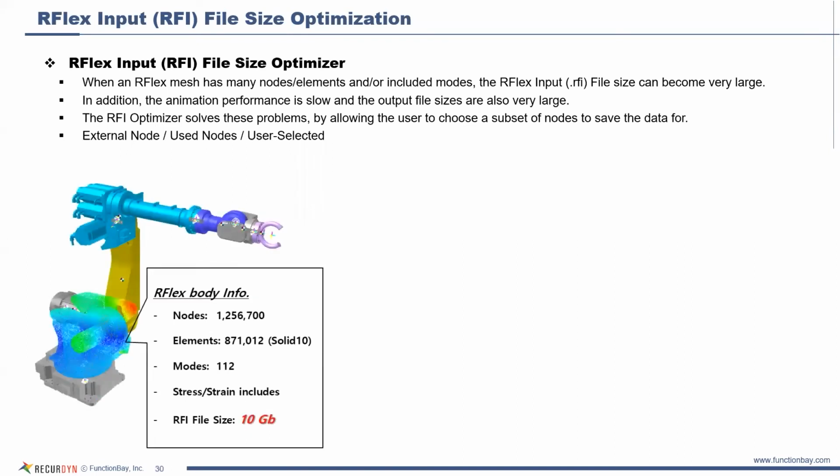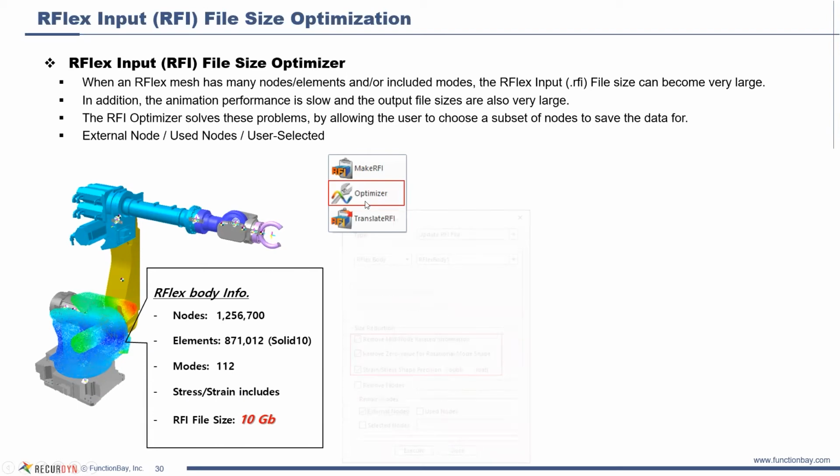As an example, we've got a fairly complex RFlex body here that has over 1 million nodes, 870,000 elements, and 112 modes. With the stress and strain information included, the RFI file is 10 gigabytes.